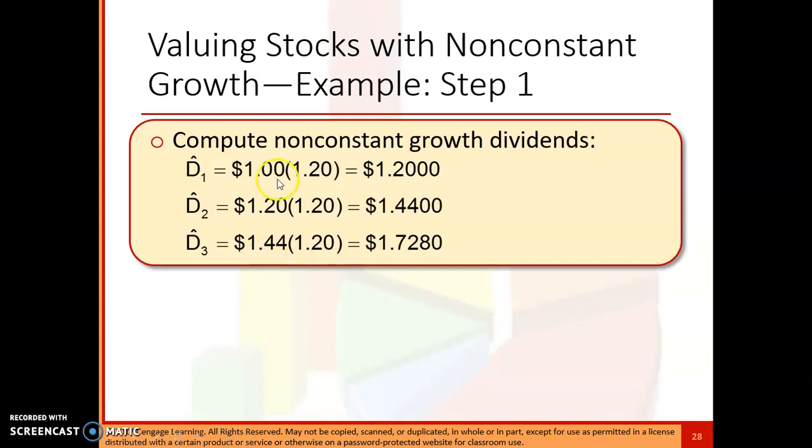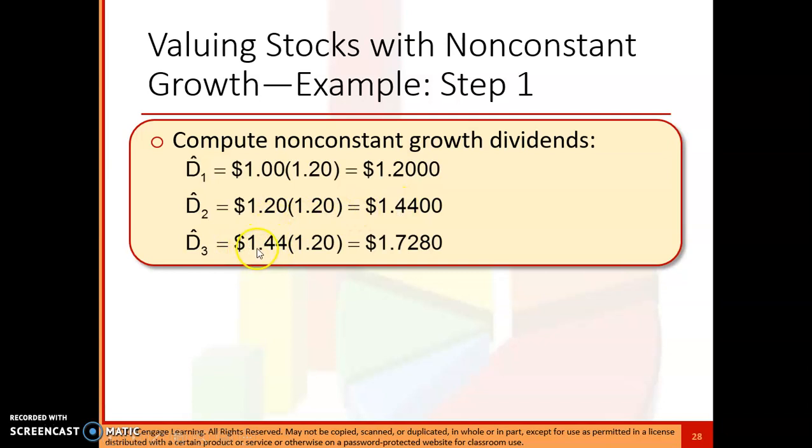So we calculate the first three dividends. Our D0 was $1. We multiply that by 1 plus the growth rate, or $1.20. Then we take $1.20 and multiply by 1 plus the growth rate and get $1.44.